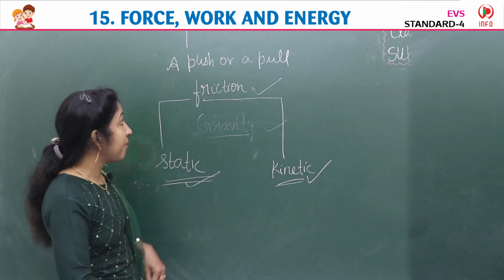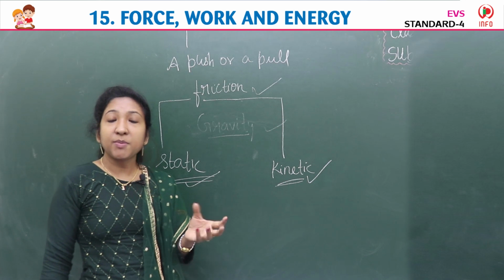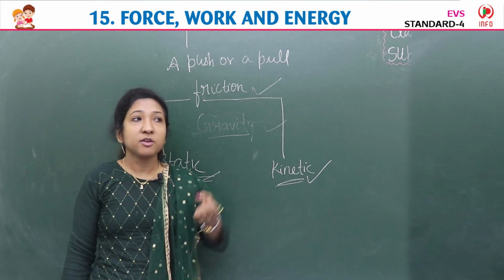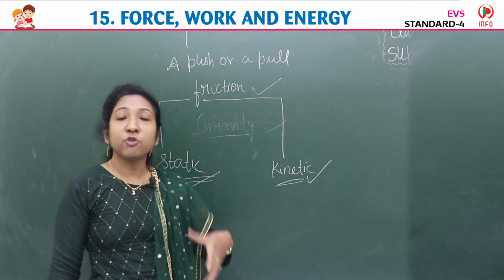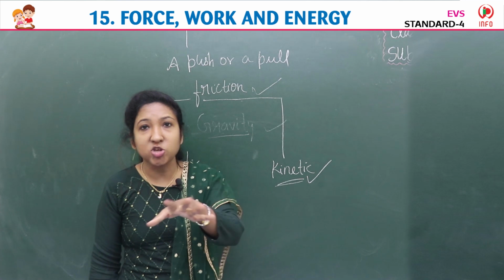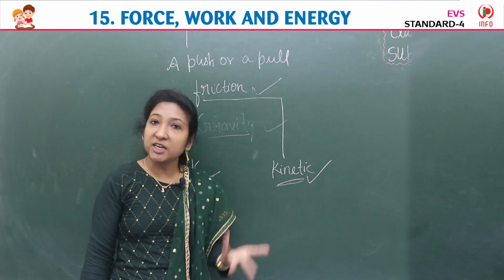So we are learning about force, work and energy. We learned that force is nothing but a push or a pull of an object. To move an object, force is needed. For an object to be in motion, we need to apply force. To stop an object, we need force.